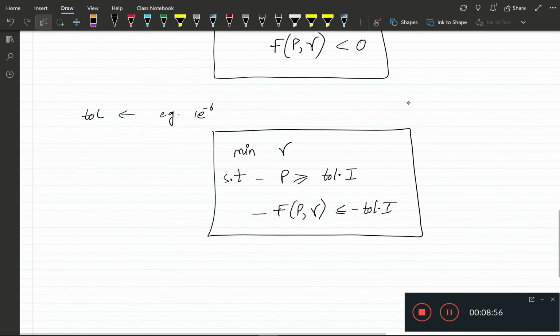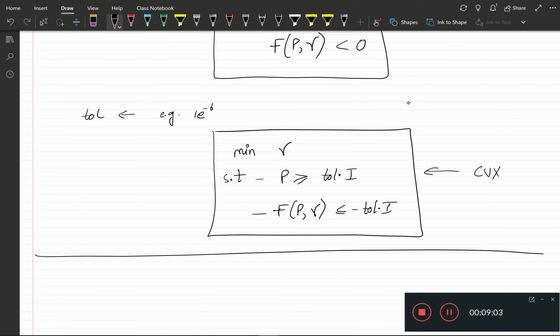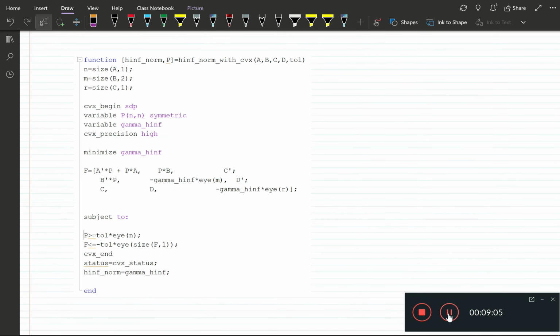So we will now solve this using CVX. So let me bring here the code. This MATLAB function takes in as input the A, B, C, D matrices and the tolerance, and gives out the H infinity norm and the P that was found in the LMIs.